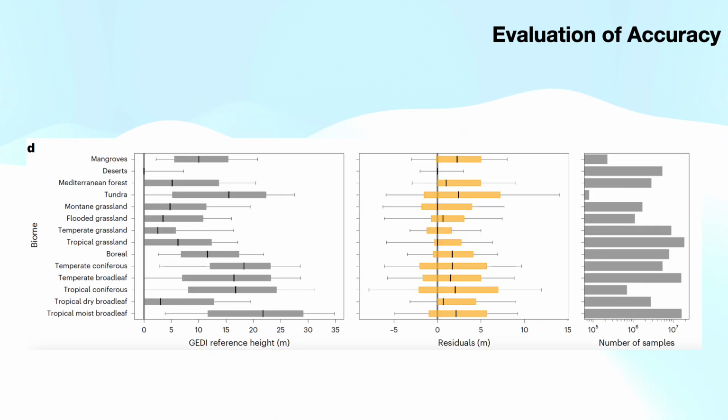They also compared the estimations in different ecosystems, for example mangrove, deserts, forests, tundra, and so on. They found different residuals associated with different ecosystems, meaning that this model performs differently in different types of ecosystems.